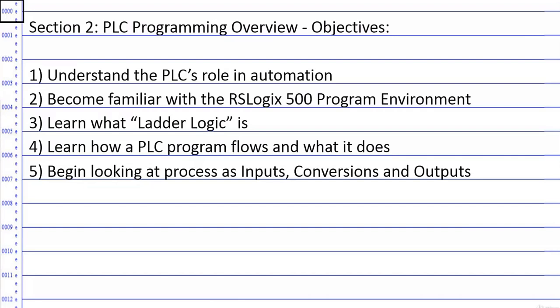It makes a logical conversion based on the inputs, based on the program. Eventually we'll see that it's also based on some operator settable characteristics, set points and inputs like that determine what those outputs are, when and how they do what they do. So once we really start looking at a process as input-output conversion, this PLC programming is going to start making a lot of sense, and we're going to start writing and understanding and creating logic a lot more naturally.